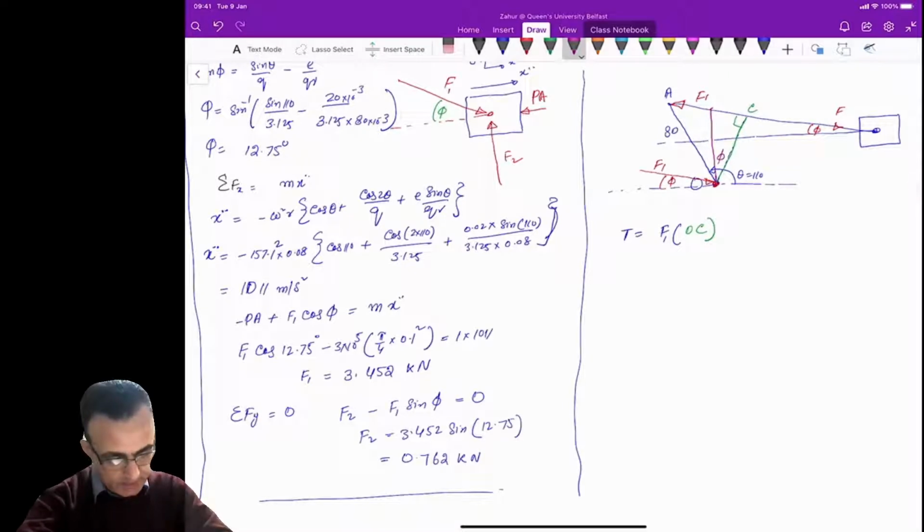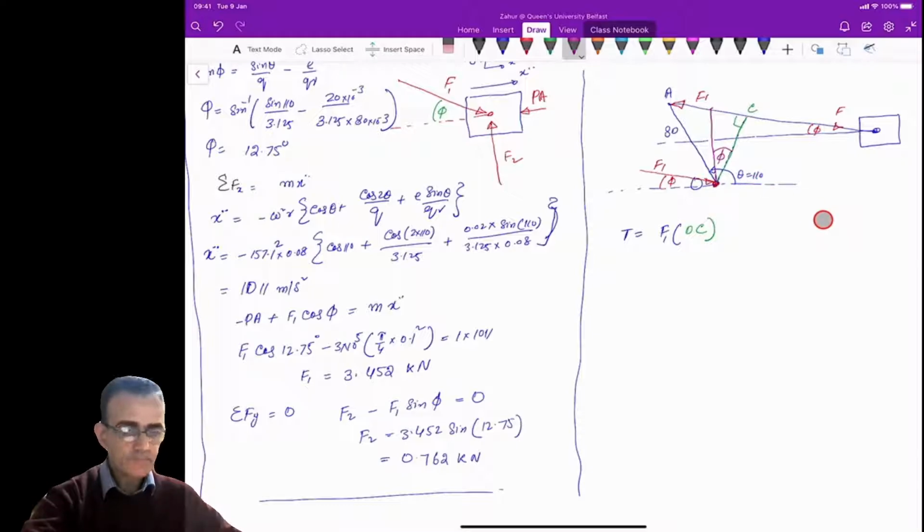This angle is also phi. Okay, now as you can see, this angle is 90 degrees, and this total angle from here to here is 110. So this means 90, and then this will become 20 degrees. So this is the 20-degree angle here.